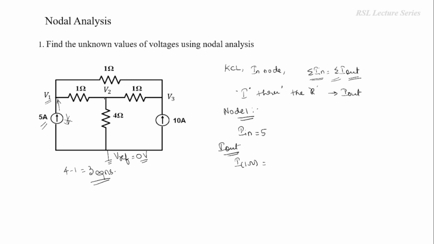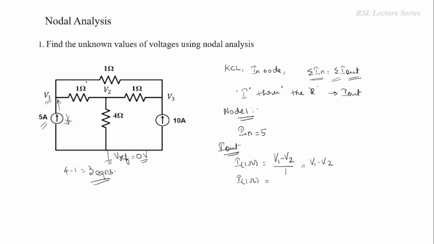Since we are writing the equation for node 1, we assume V1 minus V2. This net voltage divided by the resistor value gives the current, so this is equal to V1 minus V2. Next we have to write down the current flowing through the other 1 ohm resistor.